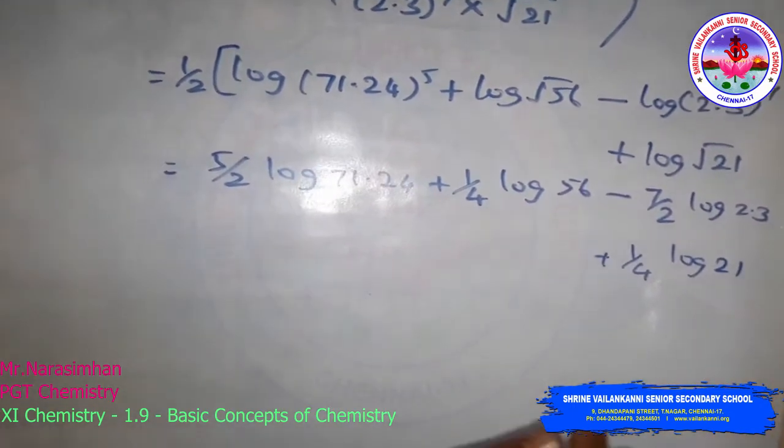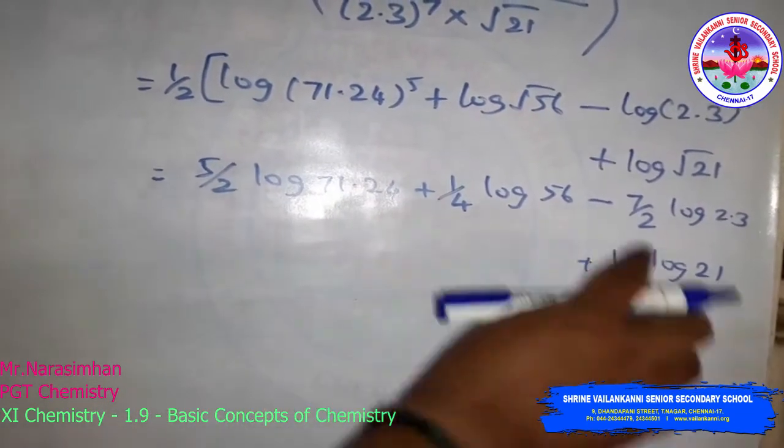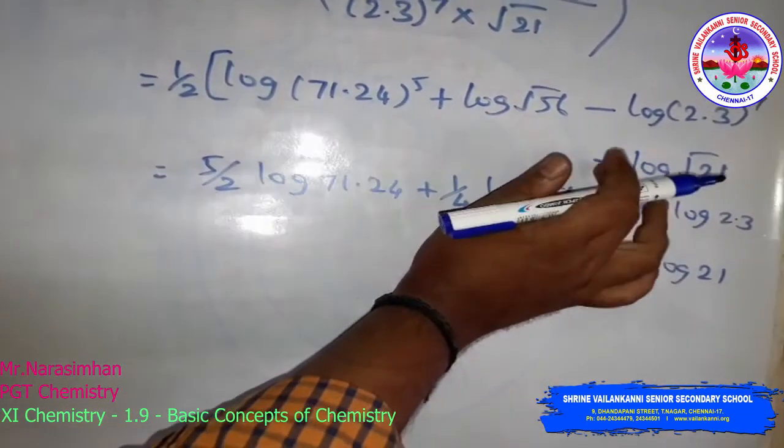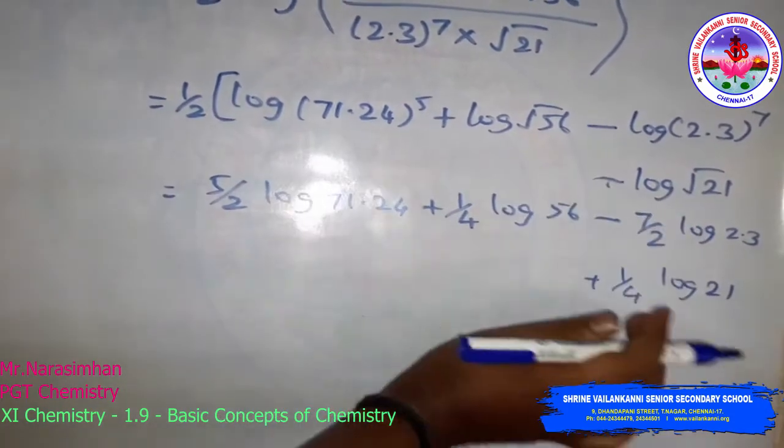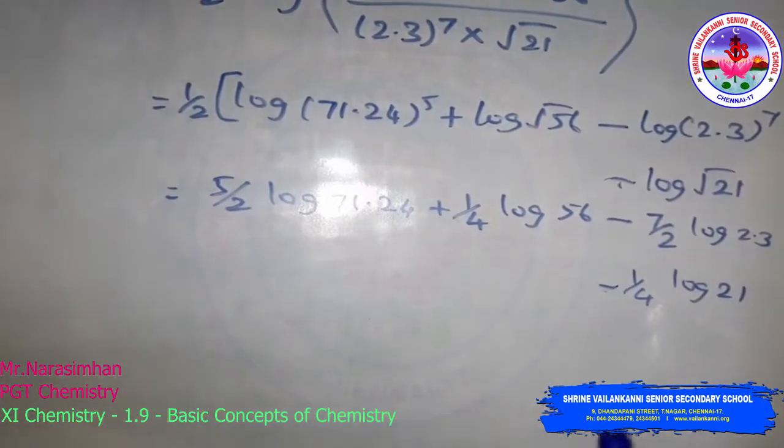Okay student, then now using the tables we can find the value. Sorry, this is the minus value, it was wrongly put plus, just minus value because of that minus sign, division.